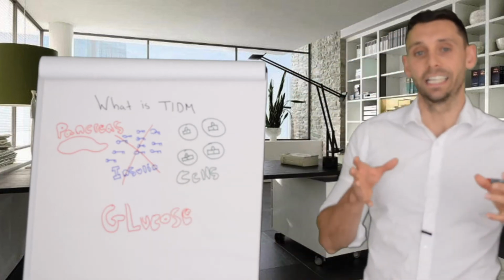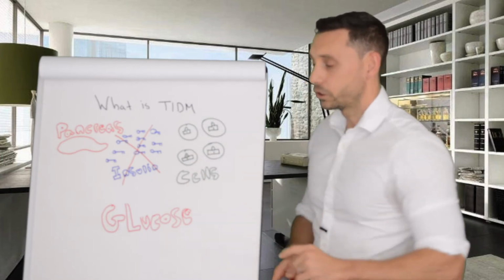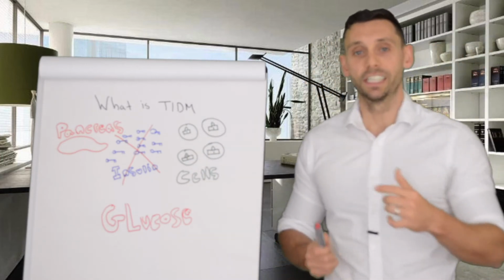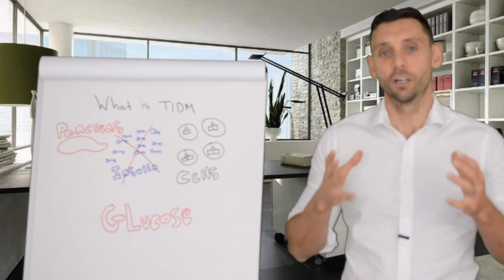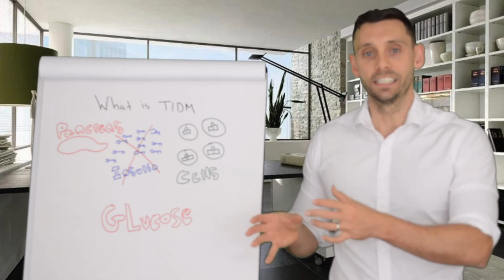So you're not getting any keys. So as a result, you're not getting any locks opened. So the glucose, which was previously going into the cells to be used as energy, is now just sat in the blood. Now this is a problem for the body because obviously glucose is energy and the body is not getting the energy that it needs.